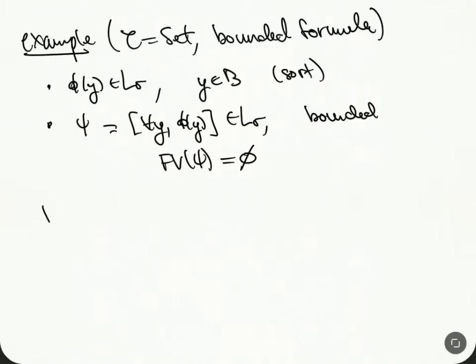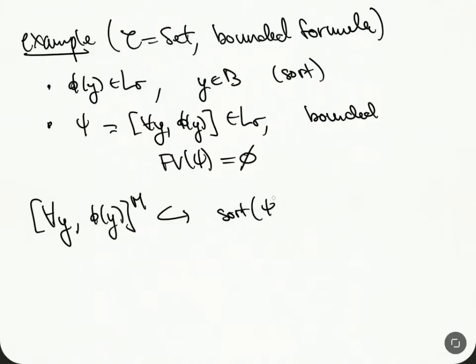Now let's look at what this means. For all y phi of y to the M. There's a couple ways to do this. First we should observe the sort of this thing psi to the M, so we interpret it as an object.